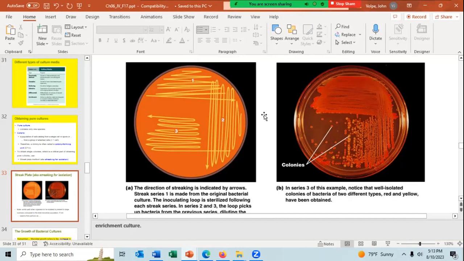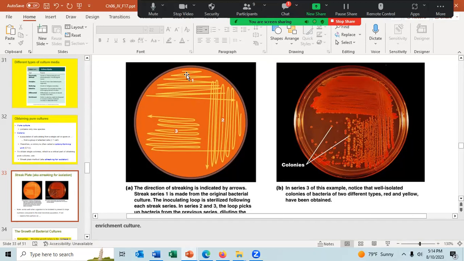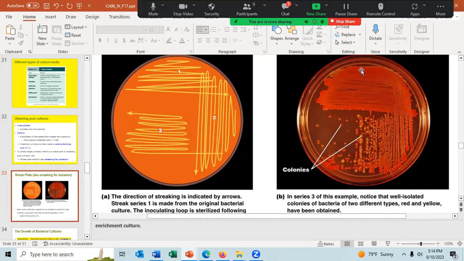Usually you get the worst of it off, and then start streaking it on sector 1. When you streak it on sector 1, this is actually a good one. Right here, it will be higher in numbers than down here. Right here, it's a little bit higher in cell concentration than there. And that's because as you're streaking, you are diluting it some.